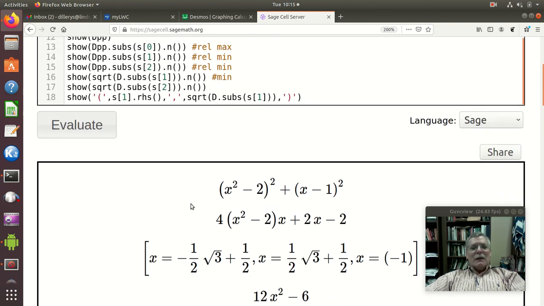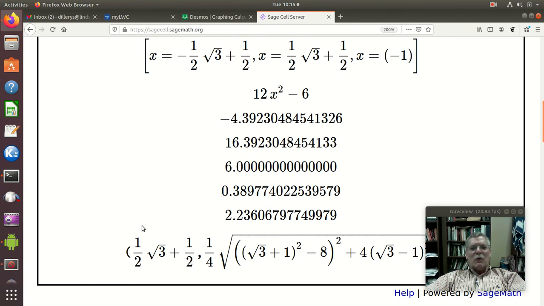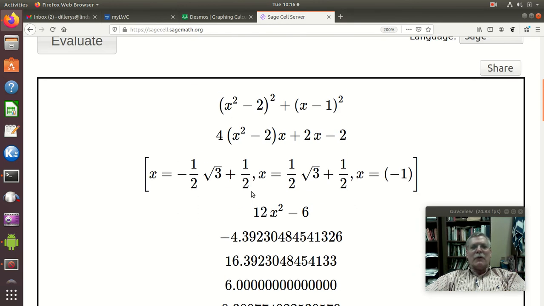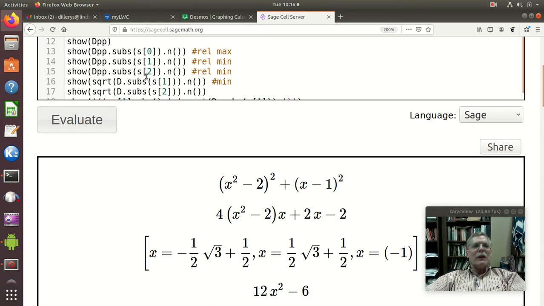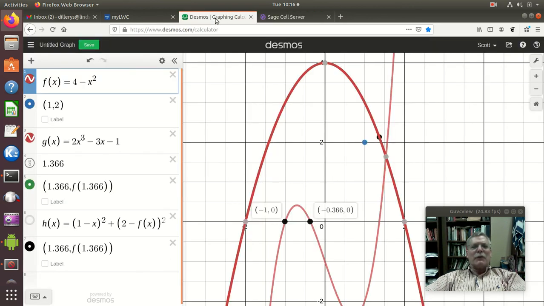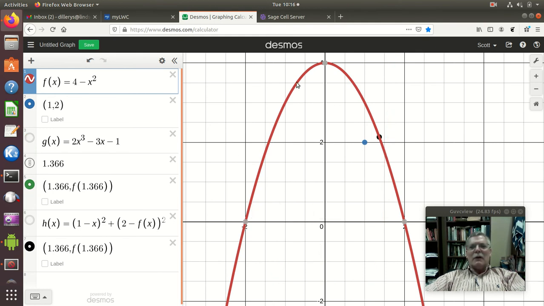Now, I really should also back it up with a nice graph. You could graph all this stuff in Sage, but in the end, the Desmos graph is just so nice that I probably would get rid of that.